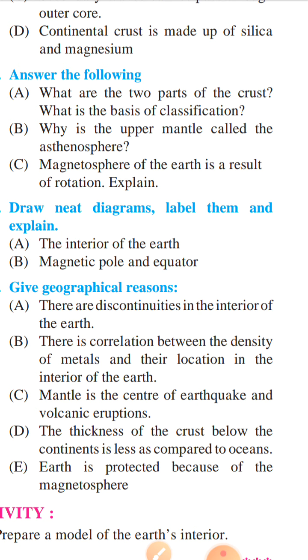Okay. The discontinuity between the continental crust and oceanic crust is called by which name? Yes, Conrad discontinuity, because the scientist Conrad first named it. The continental crust is composed of silica and aluminum, while oceanic crust is composed of silica and magnesium.